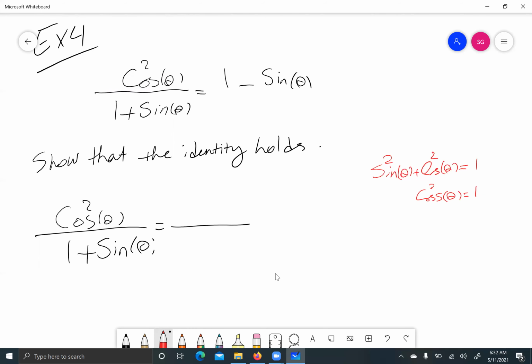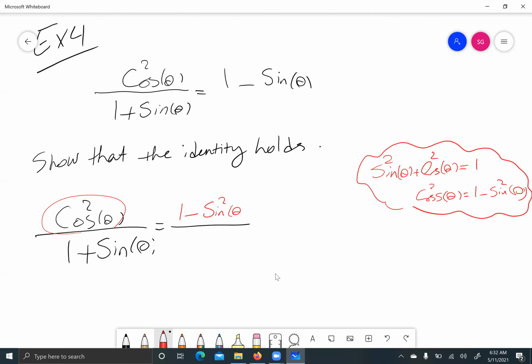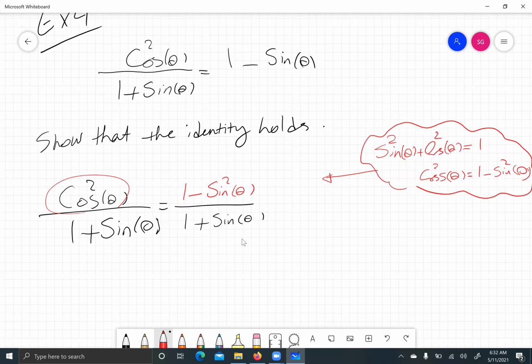Cosine square is going to be 1 minus sine square. So I'm going to use this to substitute cosine square. It's going to be 1 minus sine square, and the denominator is 1 plus sine.